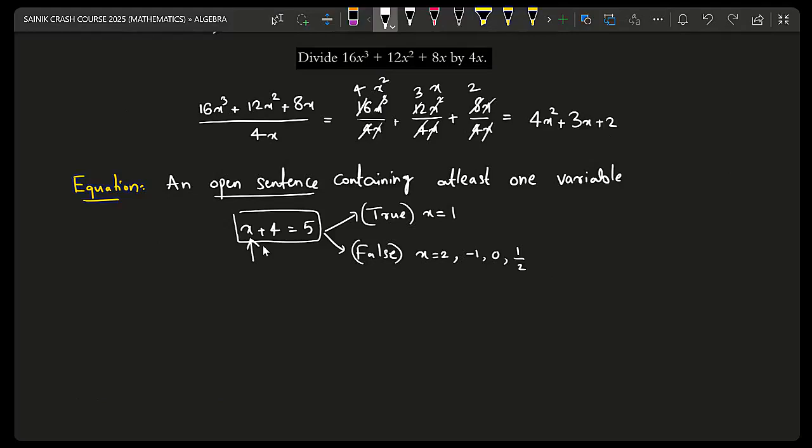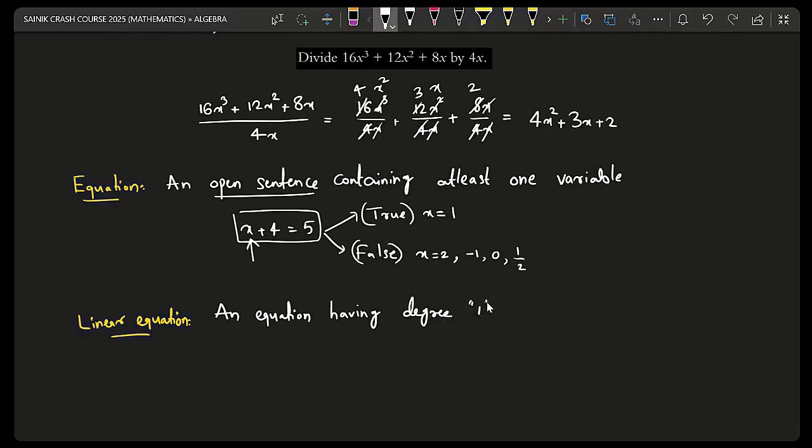Okay, now let us discuss a type of equation called linear equation. What is linear equation? It is an equation having degree 1.